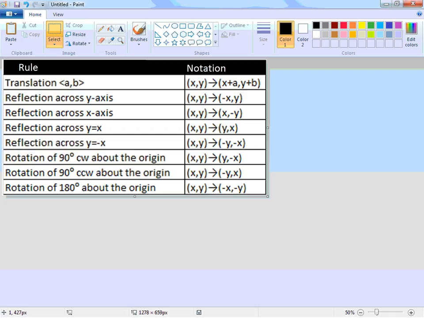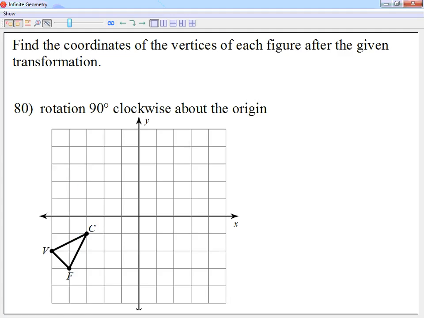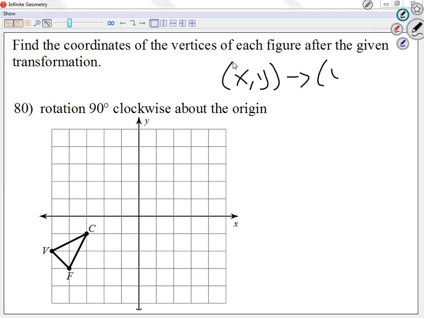So for us to remember how to use that, xy becomes y negative x. That's the rule that we need for 90 degrees clockwise. For my coordinates, let me get my c coordinate. Right now it is -3, -1.